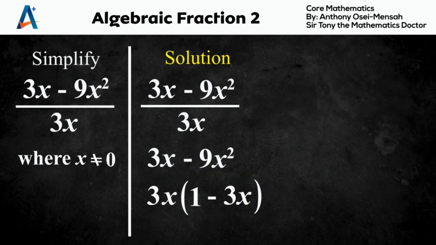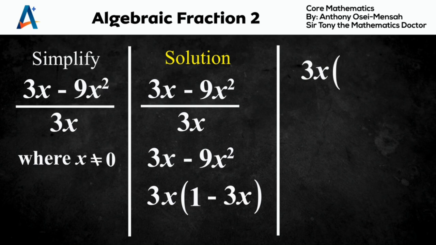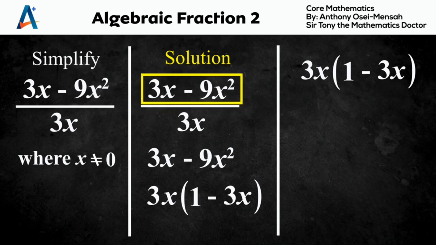Now that we have been able to factorize the expression at the numerator, we can do the substitution with the factorized form of the expression. So the entire question now becomes, at the numerator, 3x into bracket 1 minus 3x, which is the factorized form of 3x minus 9x squared.